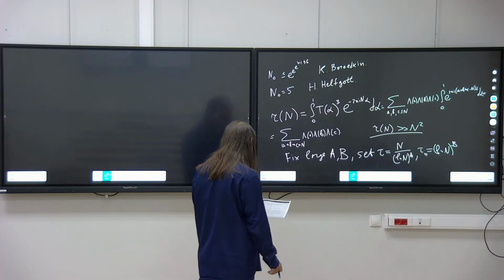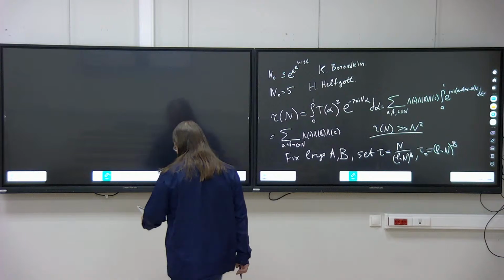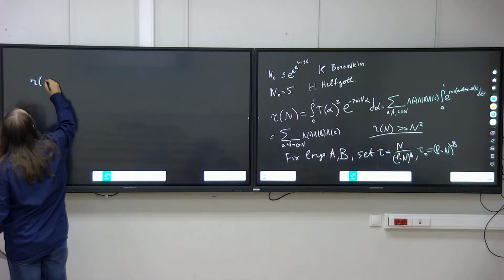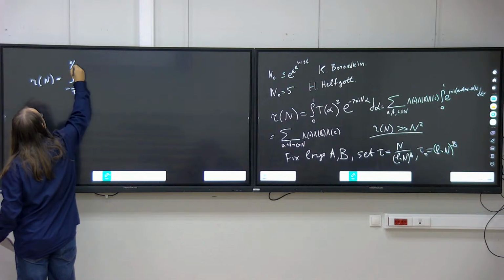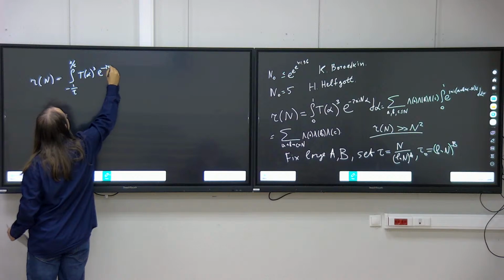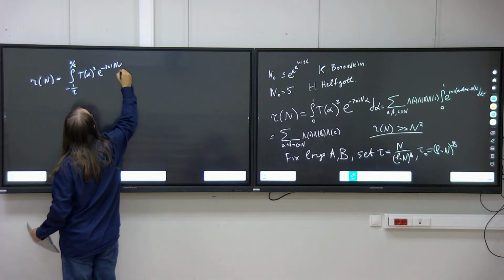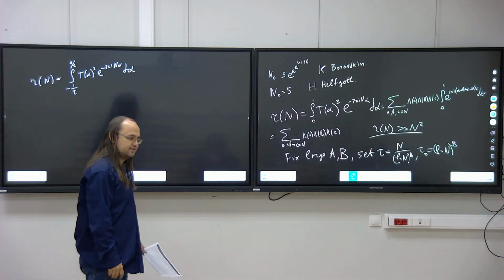So we are going to shift our integral by minus 1 over tau. So R of n is actually equal to the integral from minus 1 over tau to 1 over tau of T of alpha cubed, e to the power minus 2 pi i n alpha d alpha. Yeah, this is due to periodicity.